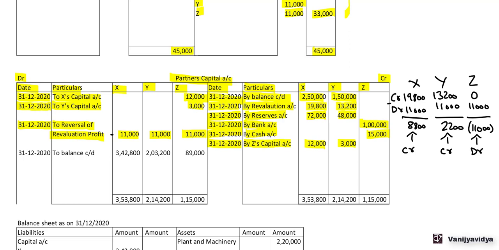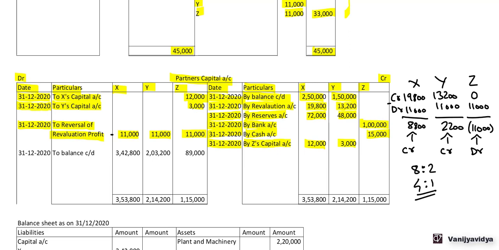Now, if we calculate the ratio for this, 8,800 is to 2,200. So that is 8 is to 2, which comes to 4 is to 1.